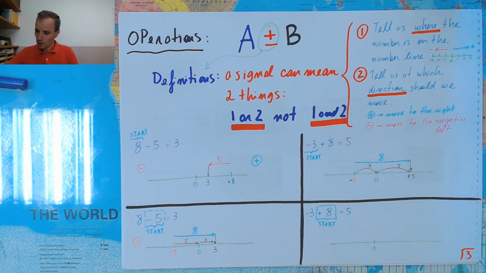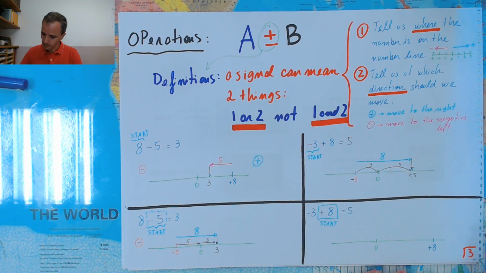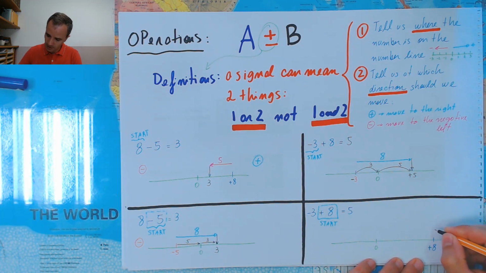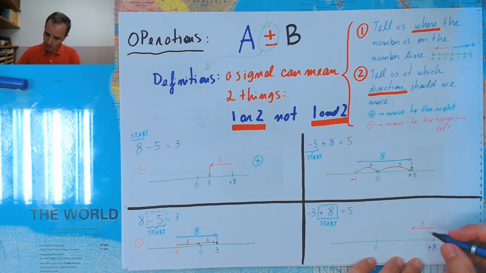Now, we're going to start at plus 8. Well, this is plus 5, so plus 8 should be around here. Now, what should you do? Go to left 3. Just move 3 to the left. So in the end, we are going to be at positive 5, right?